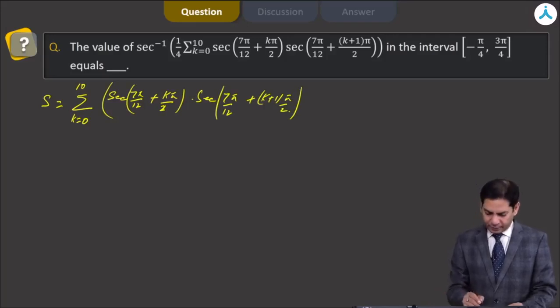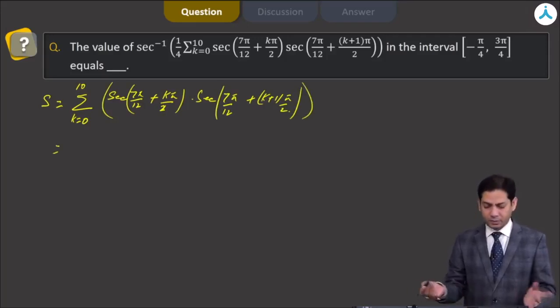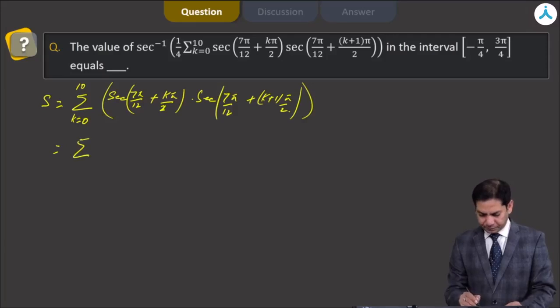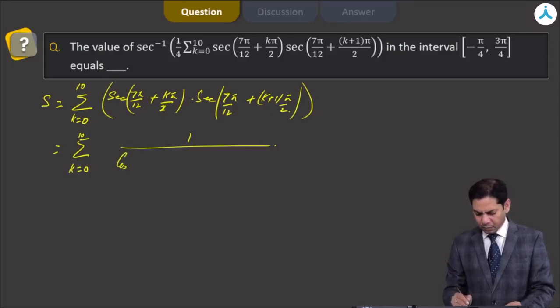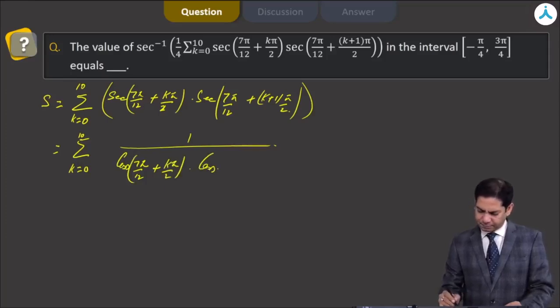Now obviously we are going to convert it in terms of cos. So this is now the summation of 1 by cos(7 pi by 12 plus k pi by 2) times cos(7 pi by 12 plus (k plus 1) pi by 2).